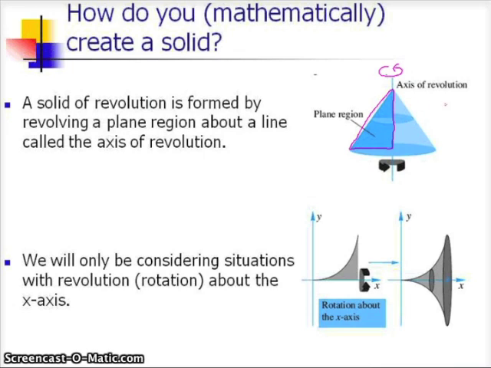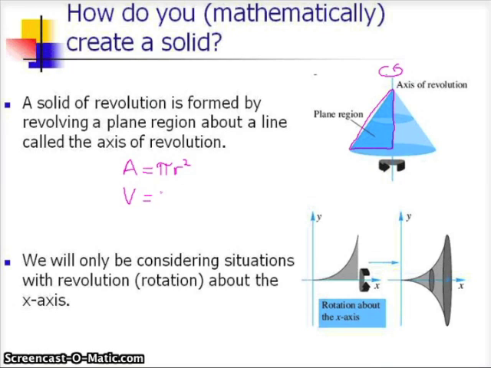Okay, so there's a relationship here between the area of our shape and the volume. When you spin it, the cross-section is going to be a circle. So the area of a circle is pi r squared. And if we take little thin slices through our solid, then we're dealing with volume, which is what we're interested in.